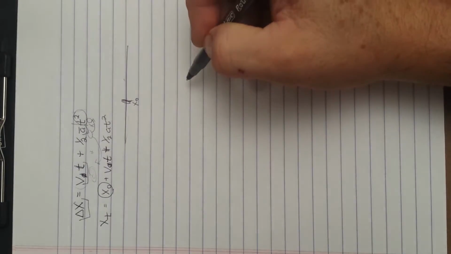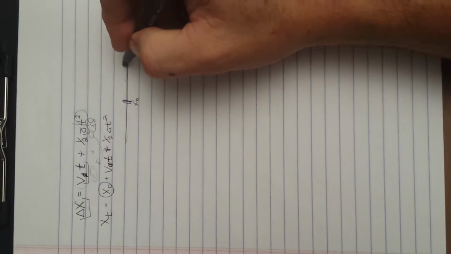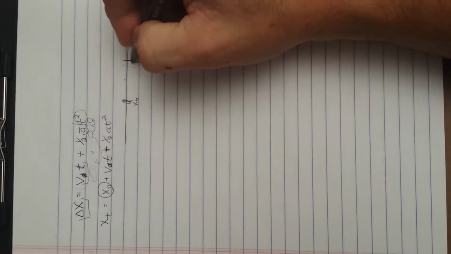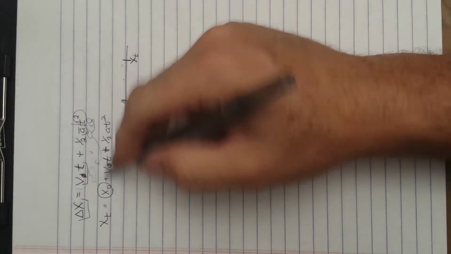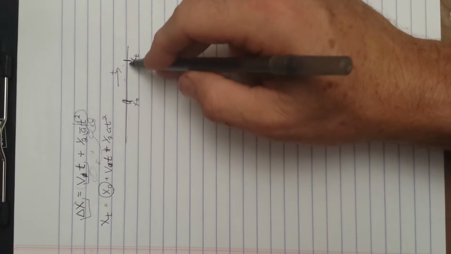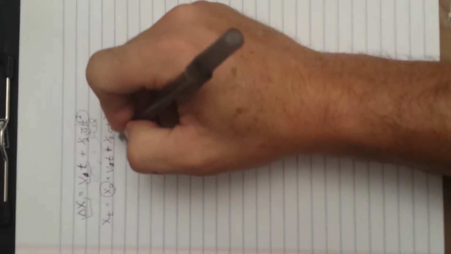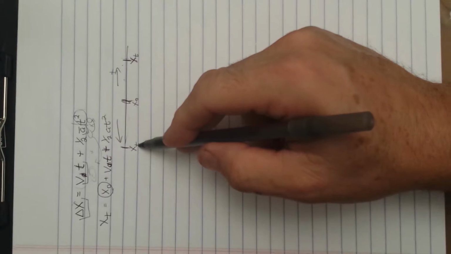That's x0. Xt is not going to tell us overall the displacement. It is going to tell us on this number line exactly where we are after this time interval. If the displacement is positive, we might be over this way at whatever our final position is. If our displacement is negative, we may end up over in this direction somewhere. That might be where our final position is.